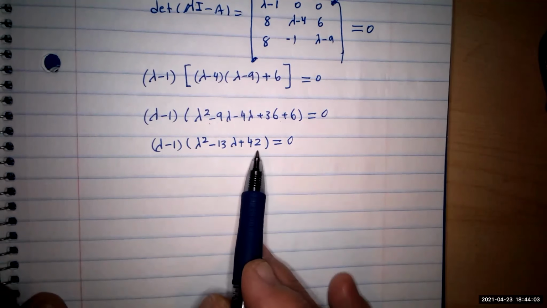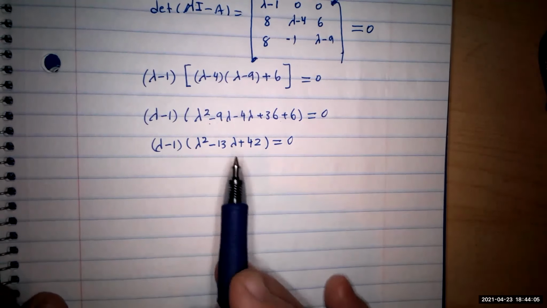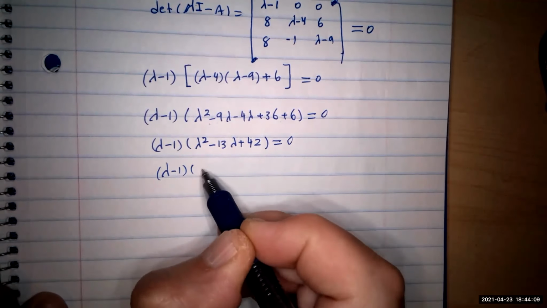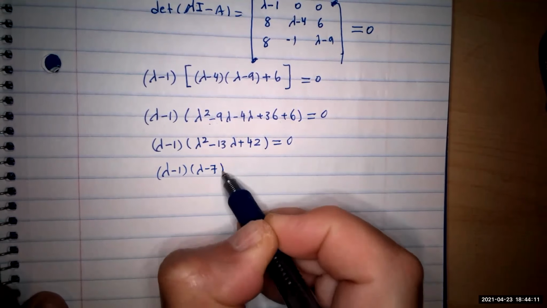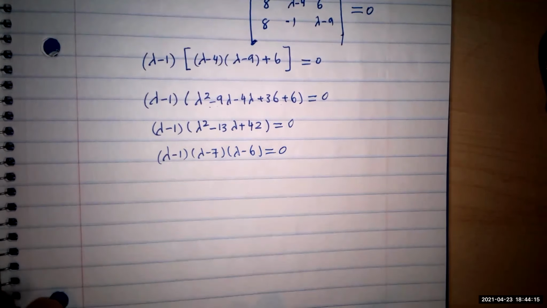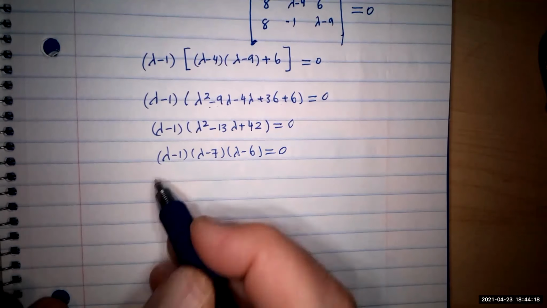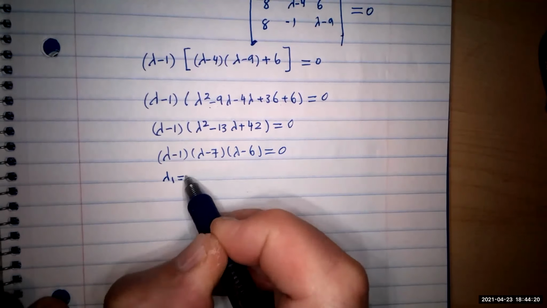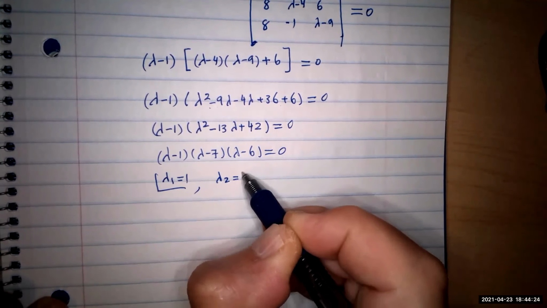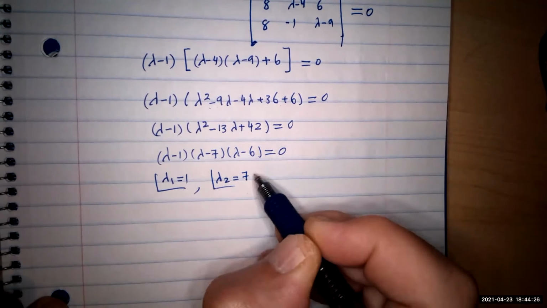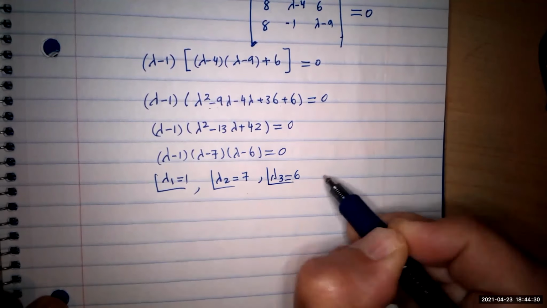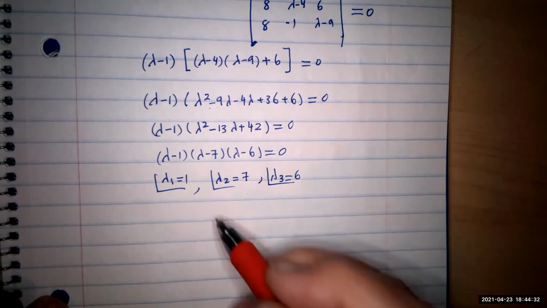Two numbers with the product of 42 and the sum of 13. So that gives lambda minus 1 times lambda minus 7 times lambda minus 6 equal to 0. So we have three solutions. You may call them lambda 1 equal to 1. That's the first one. It doesn't matter which one you call lambda 1. That's lambda 2, and this is going to be lambda 3. This is step 1.